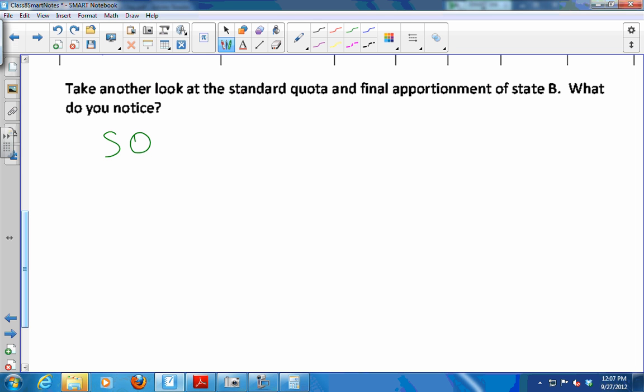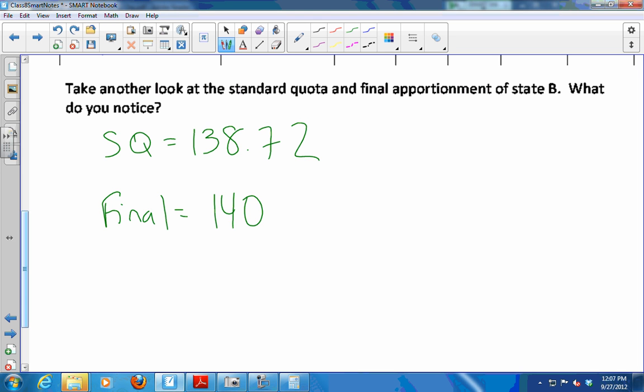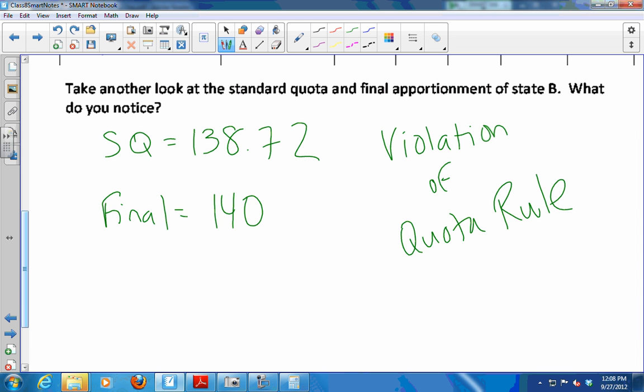So the standard quota was 138.72, I think. And then the final apportionment was 140 seats. This is a violation of the quota rule. We call it an upper quota violation because they got more than their upper quota.